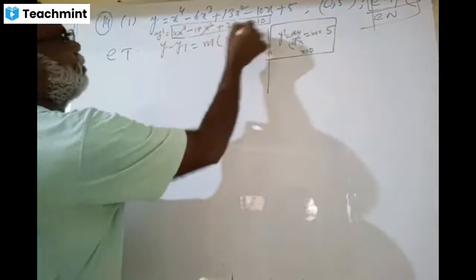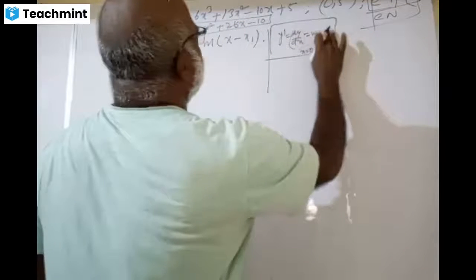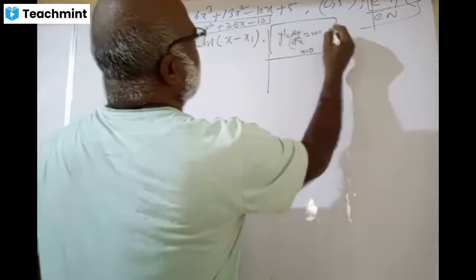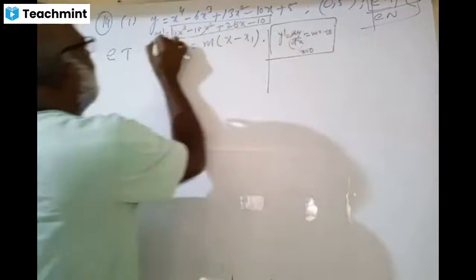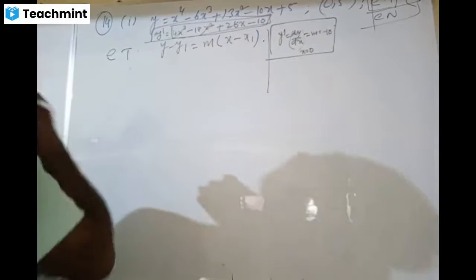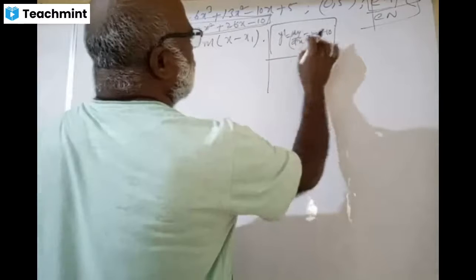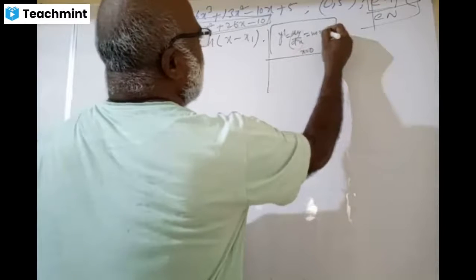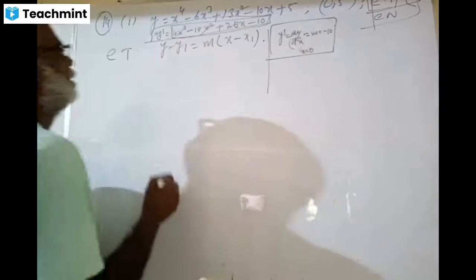You get the slope as minus 10. Yes or no? The terms with x become 0, and we are left with minus 10. Put x equal to 0, you get m equal to minus 10.